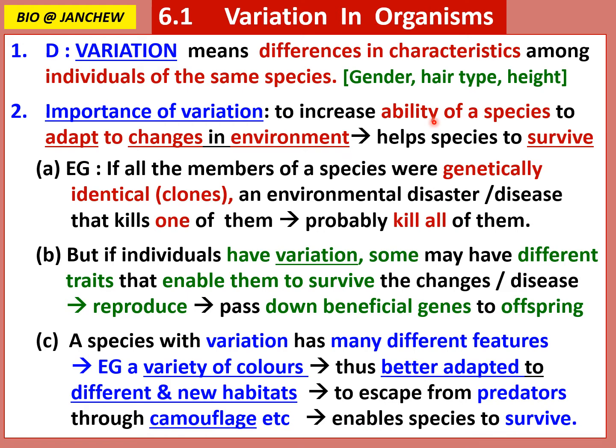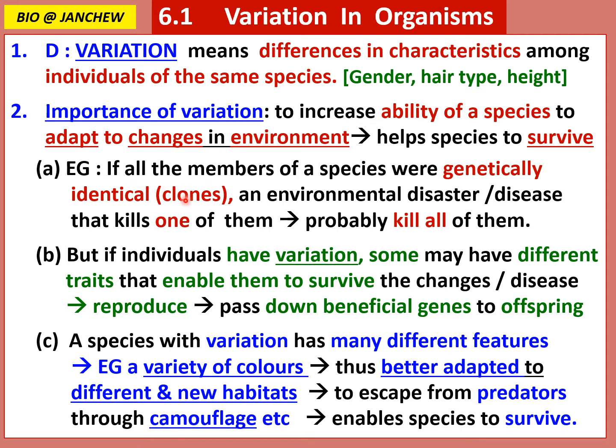So some individuals in the species may not be able to adapt to the changes in the environment or may not be able to survive the disease and may die. But if there's variation, that means that there are other individuals with other traits, different traits from the individuals that died, that may be able to cope better and adapt to the changes. So the more the different traits that exist in the species, the better. And it will help the species to survive.